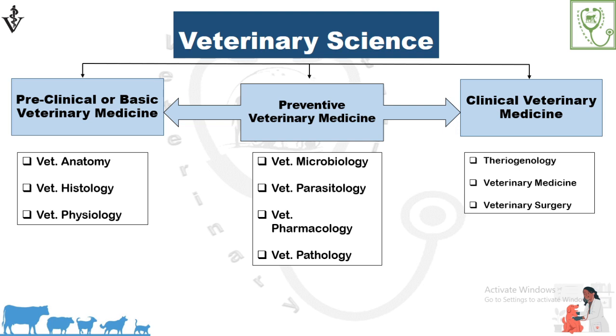When a causative agent enters the animal body, it alters the normal anatomy, histology, and physiological functions, and this leads to clinical aspects of a disease in animal. So preventive veterinary medicine acts as a bridge. Without preventive veterinary medicine, you cannot reach clinical veterinary medicine.